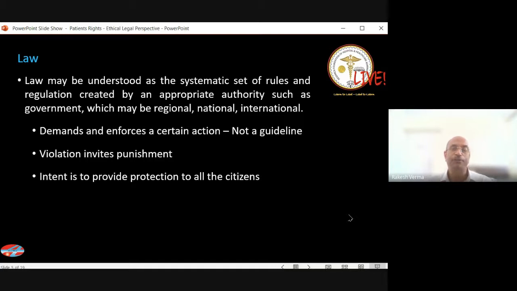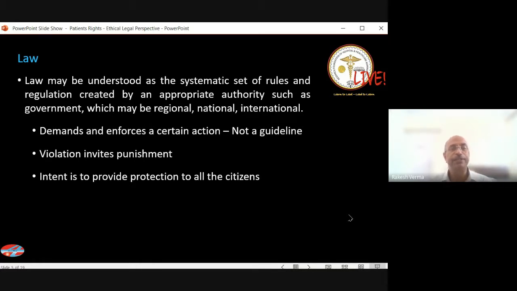So whenever we talk of law, there is a possibility of enforcement, and the violation will invariably invite punishment. When there is a law, it has to be followed, period. There is no debate on that. Whereas unethical conduct may or may not invite punishment depending on the context and whether it gets reported and whatever else.